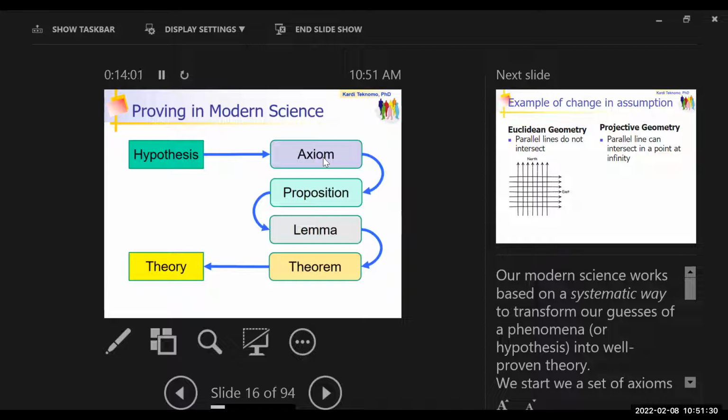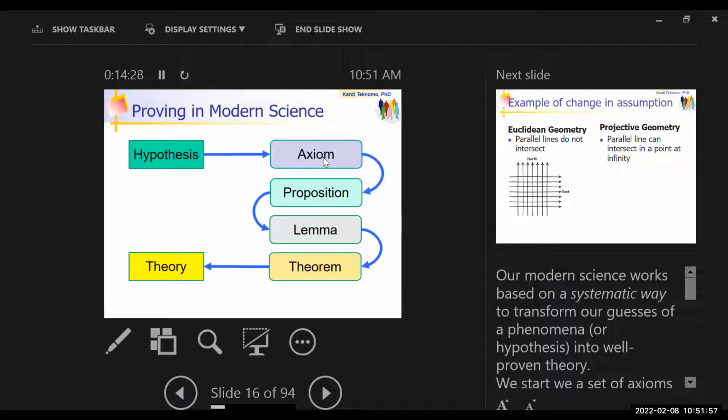So basically modern science is based on this system where we prove based on the earlier propositions, lemmas, or axioms. Based on the theorems, we create what is called a theory. So in science, a theory is basically something that has already been proven.